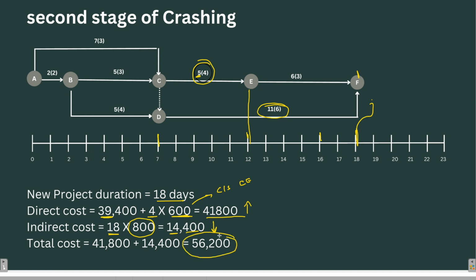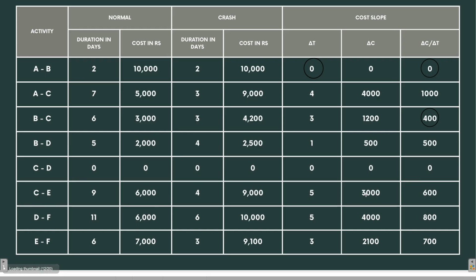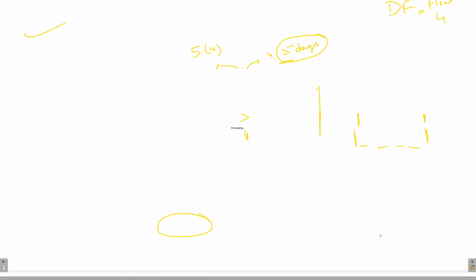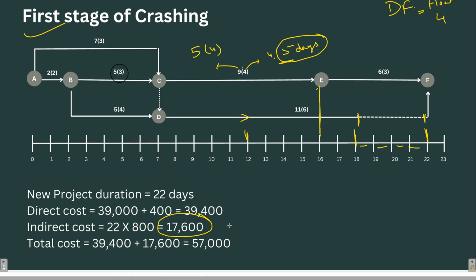So earlier, the normal cost of the project before crashing was 57,400. Now after the first stage of crashing, it was 57,000.